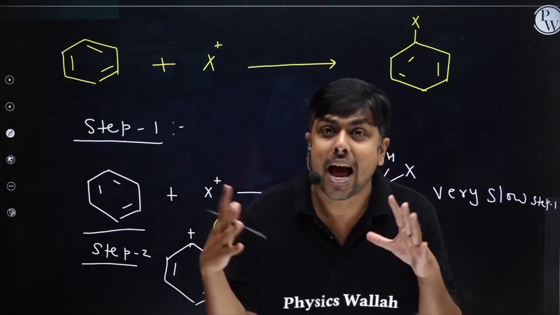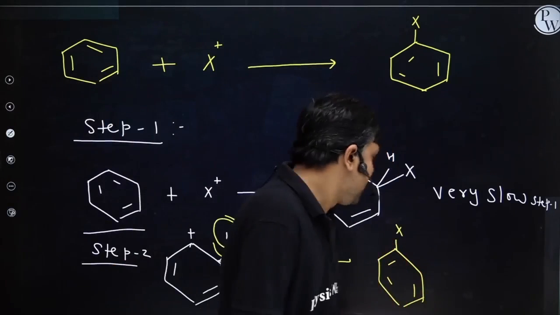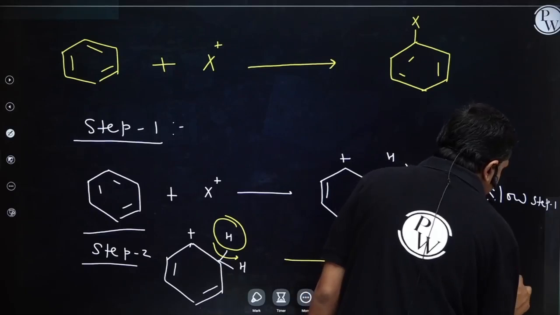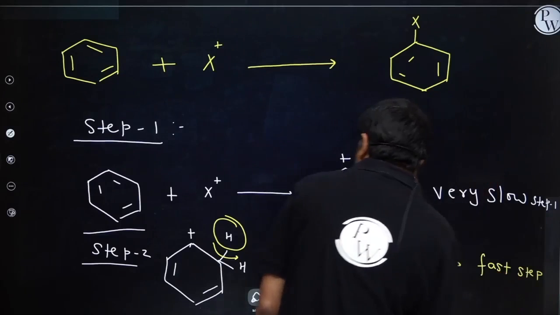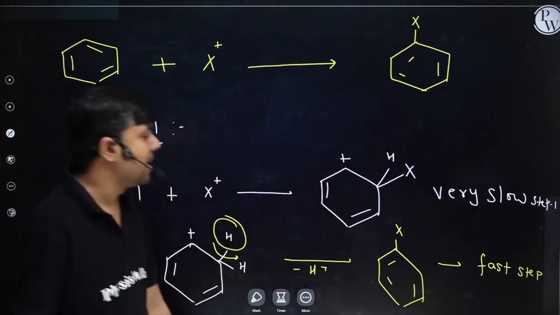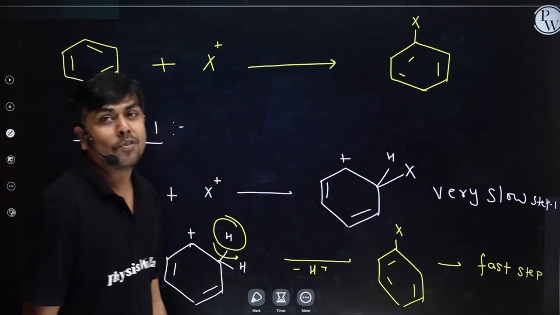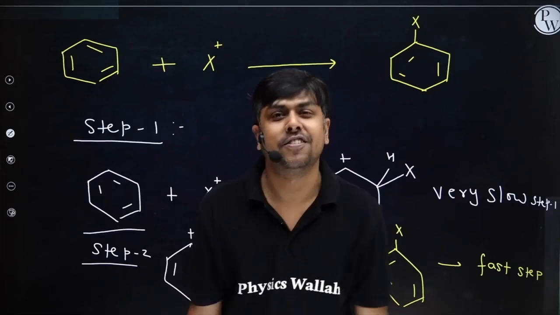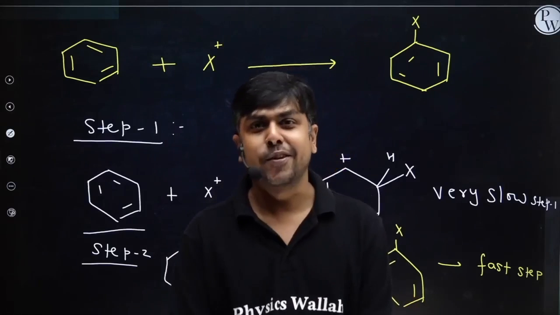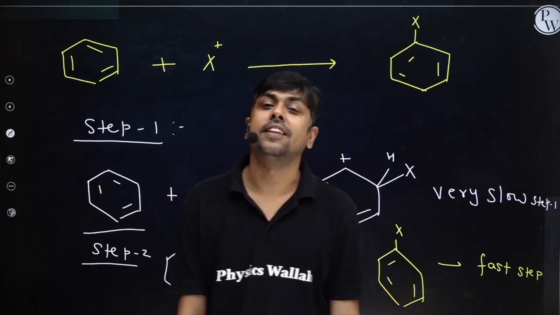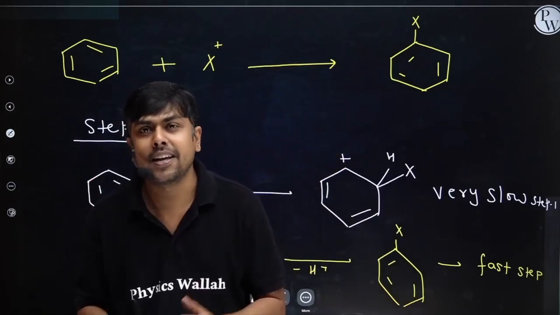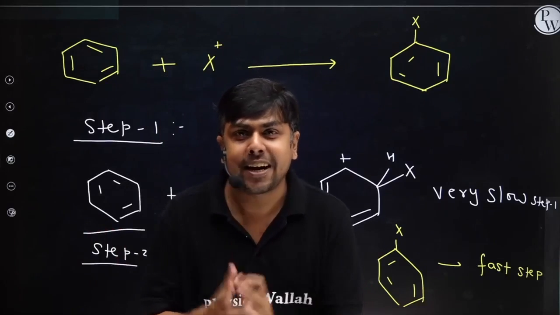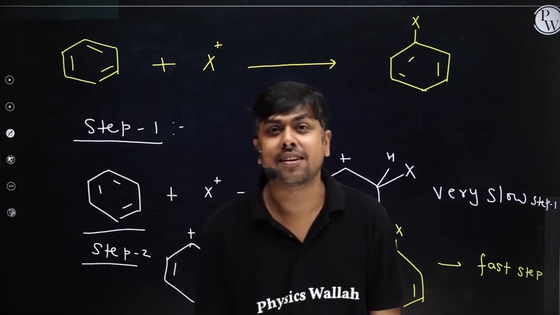Step 1, aromaticity is lost. So can I say this step is going to be a fast step? Remove H plus. Am I clear? So students, whenever a benzene ring is treated with halogen in the presence of Lewis acid, we will have an electrophilic aromatic substitution reaction, and finally the product is halobenzene. This is how this reaction occurs.